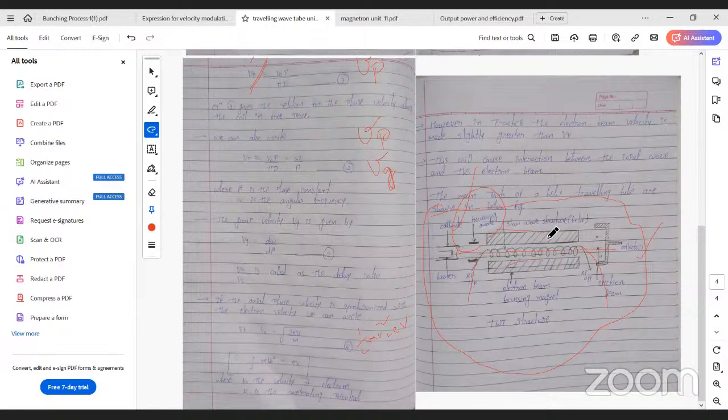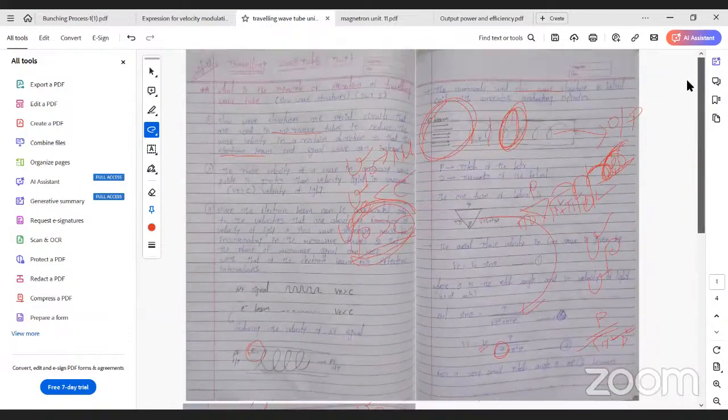These two magnets are used for the slow wave structure, and we collect the output across the collector. Up to this diagram you have to draw. For an essay question asking the principle of operation of the traveling wave tube, you have to explain these four slides.